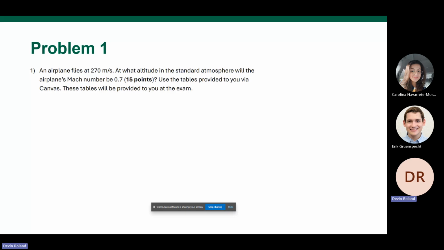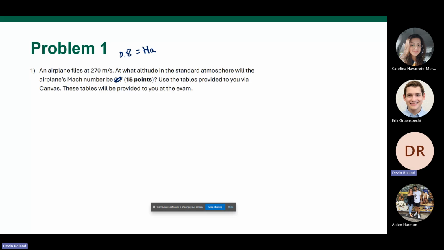Okay, so problem 1 is an airplane flying at 270 meters per second. At what altitude in the standard atmosphere will the airplane's Mach number be? Actually, this is a typo. It should be 0.8 as the Mach number.